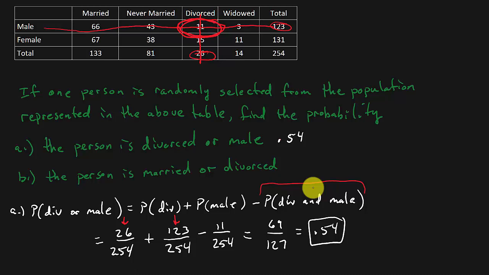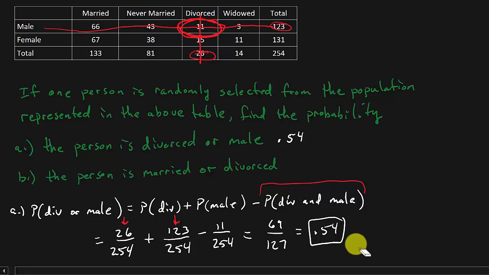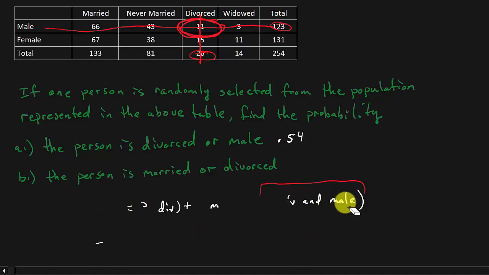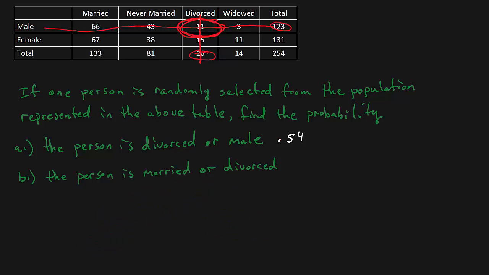Because what's going to happen, well, I'll show you on this next one. It actually works on the next one. So let's just look at it there. When we write the formula, we'll go ahead and put the and in there, but we don't need it. And I'm going to show you how it still works.